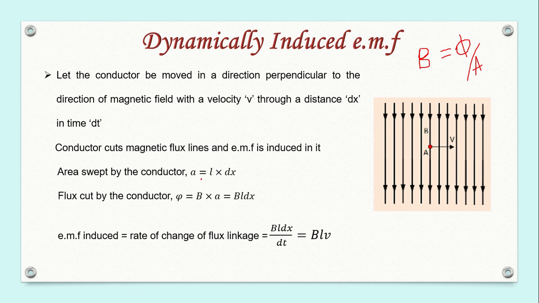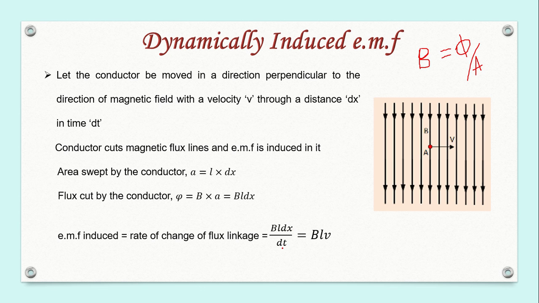Okay. So flux cut by the conductor is equal to flux density into area, that is B into L into dx. Now induced EMF is equal to rate of change of flux linkage, that is flux linkage divided by time. B L dx divided by the corresponding time dt. Okay. Now we know what dx by dt is. dx is the displacement and dt is the corresponding time interval.